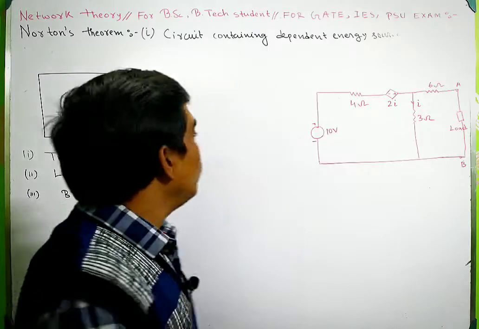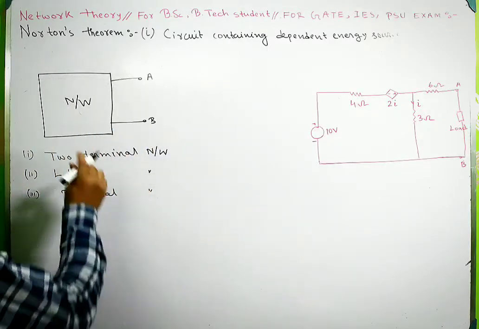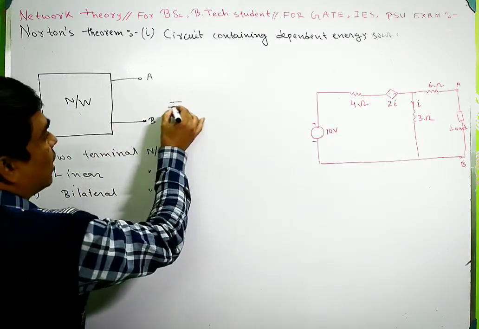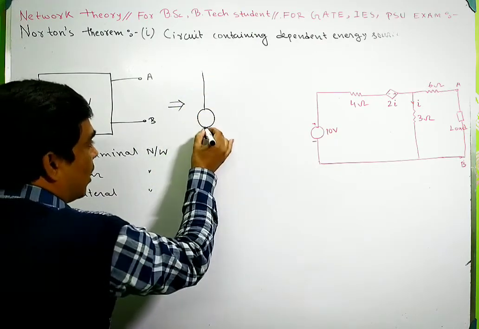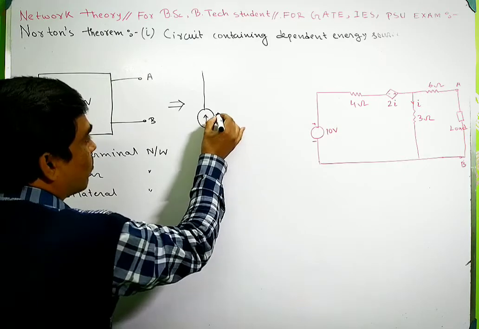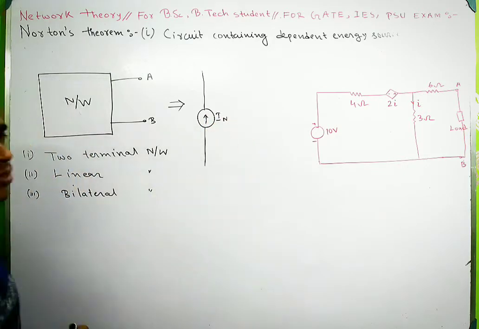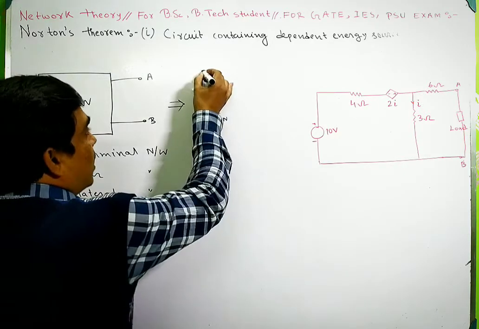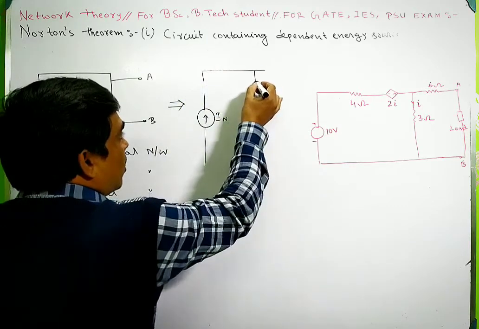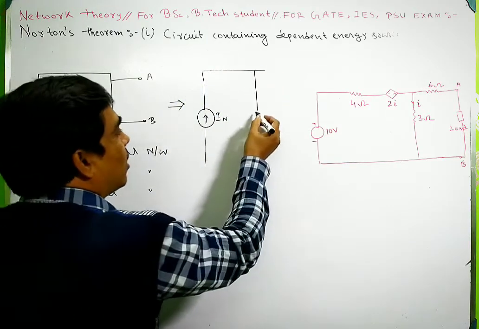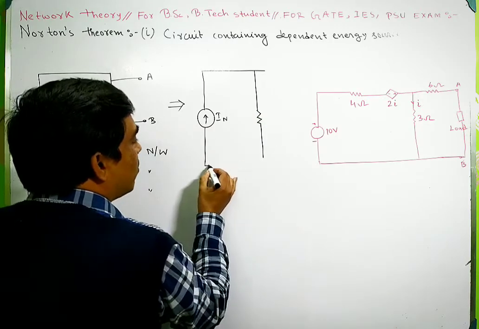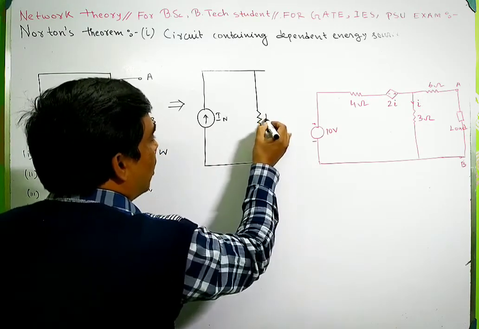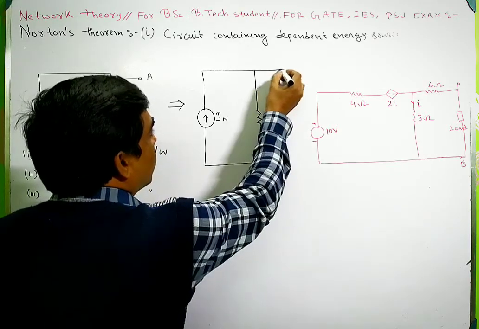So according to Norton Theorem, this network can be replaced by a current source in parallel to an equivalent impedance Rn.